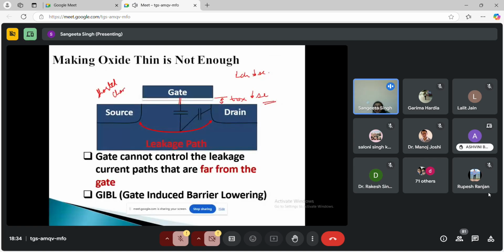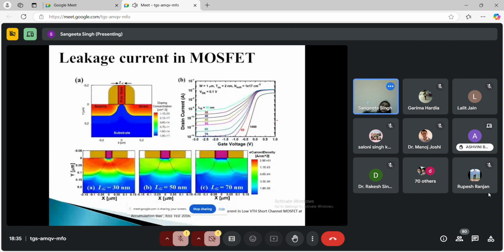And if my gate gets shorted with the channel, the entire gate control mechanism is lost, and then there is a serious reliability issue for my transistor. So this is the third cause of going beyond CMOS.